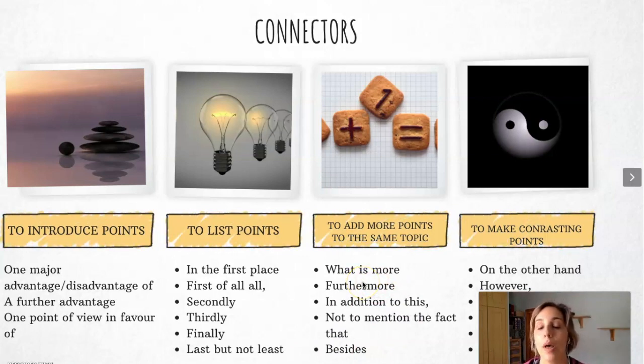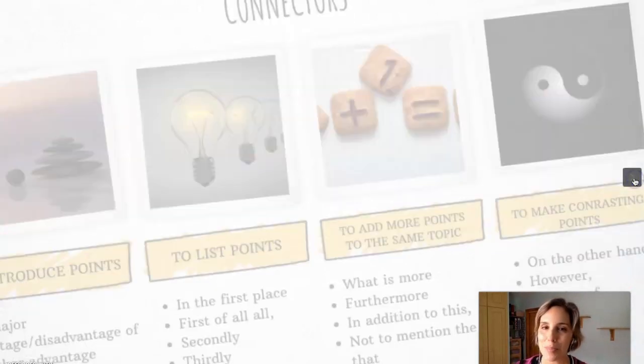And now, once you have finished talking about advantages and you want to move on to talking about disadvantages, how do you make that transition? By using one of these contrasting point connectors: on the other hand, however, in spite of. You can choose any of these. And let's continue a bit more.